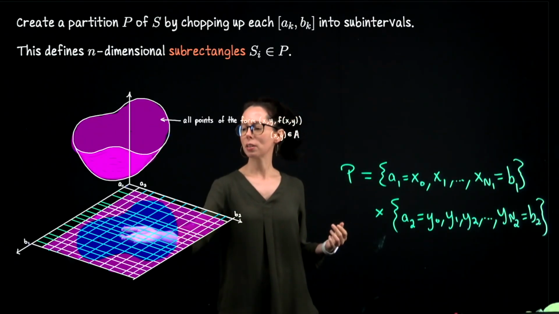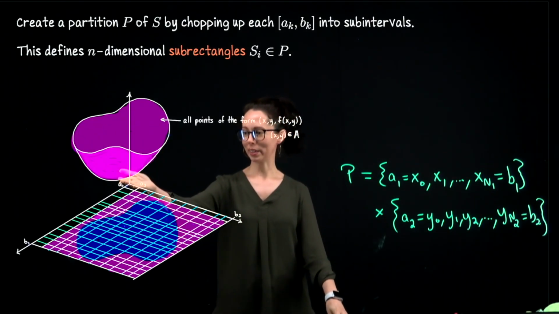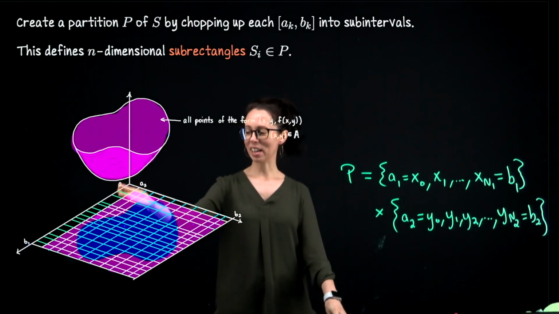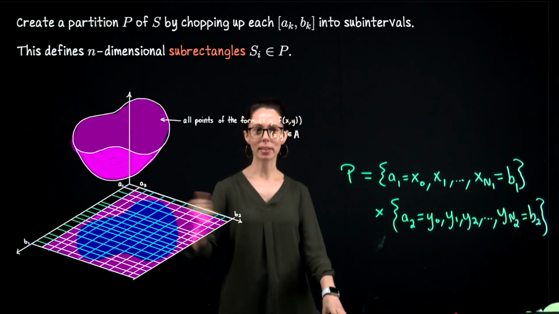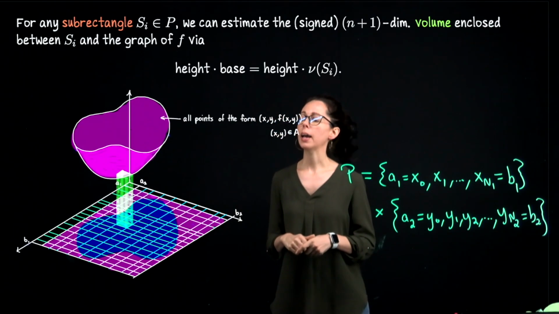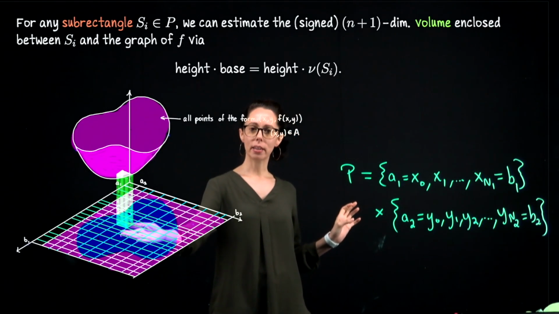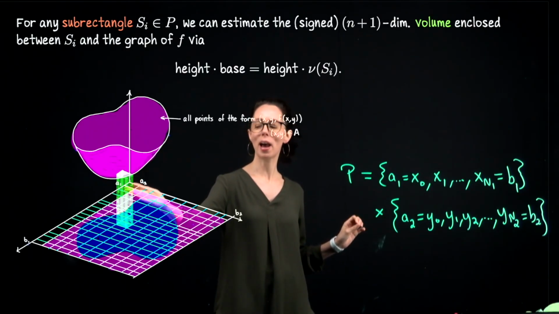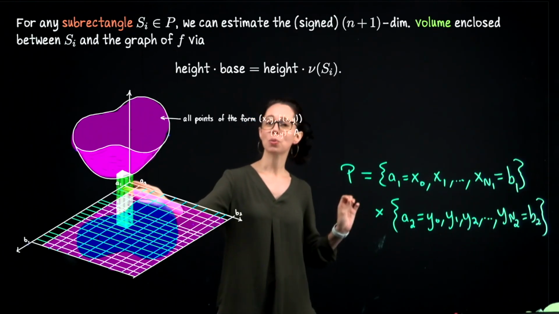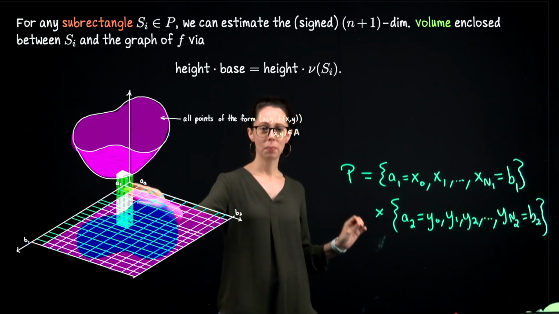It's a little hard to picture, but the sup of f might be like here, and delta x_i turns into the volume of the subrectangle base. When we multiply the volume of the subrectangular base with the sup of the function, what we get is an n+1 dimensional volume.